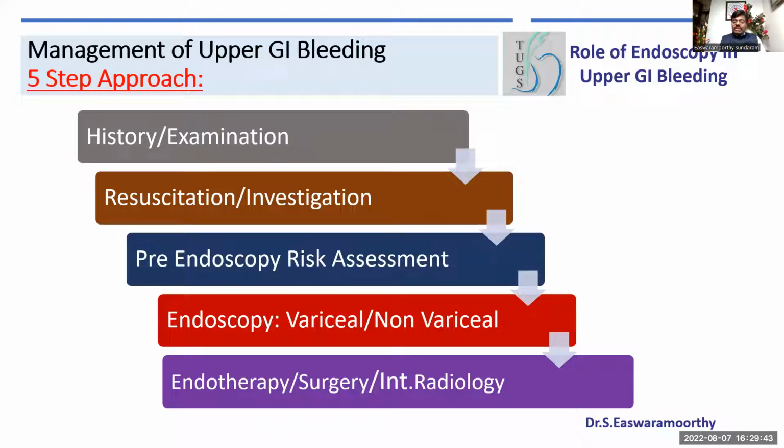That is a risk assessment of the patient: whether the patient has to go straight to the ICU or straight to the OR, or whether you can wait and investigate as an inpatient in an ordinary ward. So you need to make a calculated decision depending upon the risk assessment associated with the patient, age group and comorbidity. Fourth, of course, is the area where we are going to dwell deeper. That is when, where, and how we do an endoscopy, and how we are going to do an endotherapy. What are the tips and tricks?